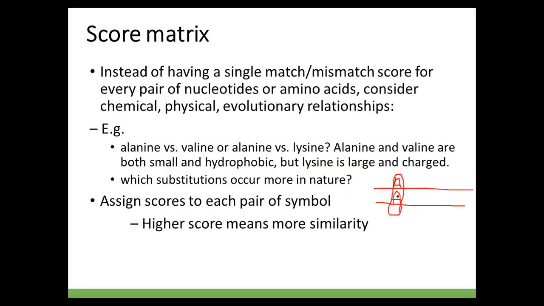You would find A with A, T with T. If you would find only this, you will give the max score. You would give the max score only when you see the same element in the two rows.